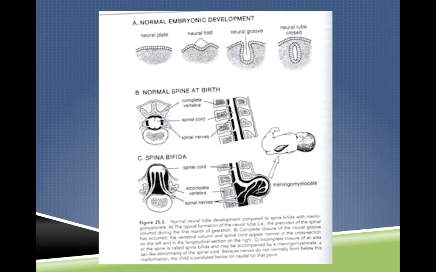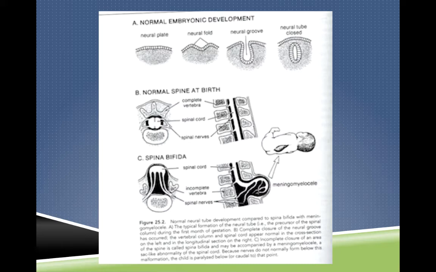Here is a little diagram of normal embryonic development and then spina bifida in part C, as you can tell. As you look at part A, you see the neural plate, how it goes into the neural fold, then to the neural groove, and then the neural tube is closed. And then you can see the normal spine at birth, where the spinal cord and spinal nerves come out, and there's a complete vertebrae.